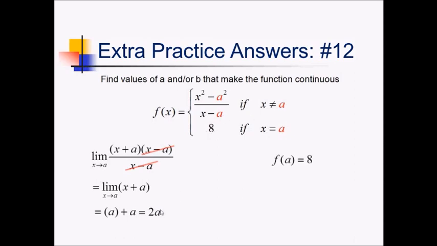So 2a and 8 must equal each other, which means a must equal 4. If I let a be 4, that's going to make this continuous. In case you're worried about this hole here, you don't have to worry about it, because we're only going to use this rule when x does not equal this number here.